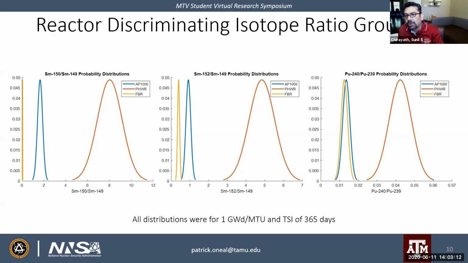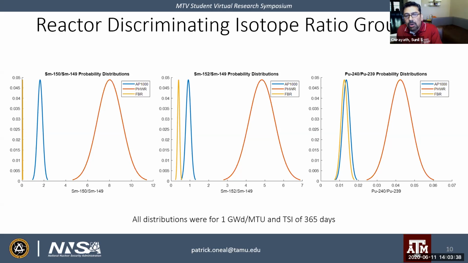Samarium-149 to 150 is a very good marker to differentiate between a thermal and fast spectrum. That is for sure. And then there are in-between spectral differences for PWR, pressurized water reactor, and BWR, boiling water reactor. These are small spectral differences depending on which part of the reactor you're taking this sample from. So that's what is resulting.